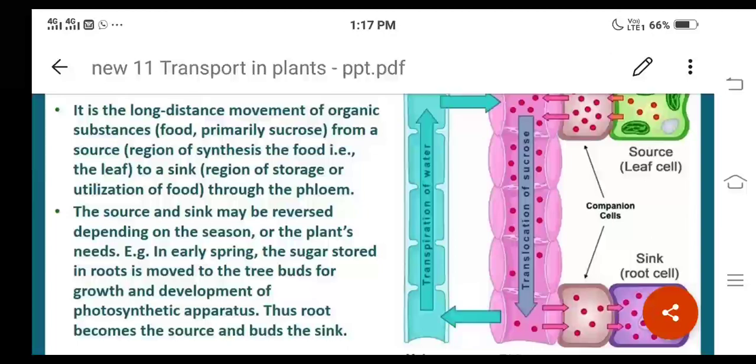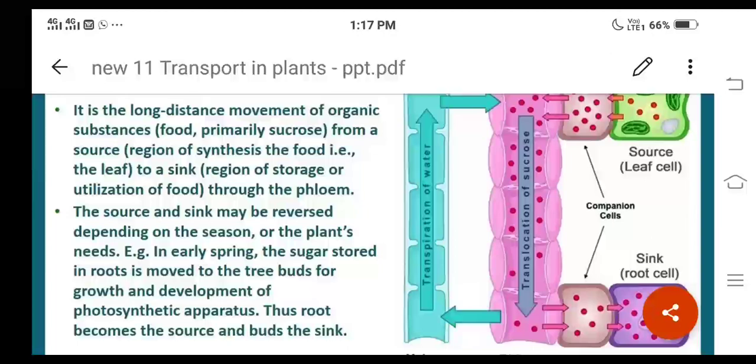In this situation the food will move from where to where here? From the sink to the source again. It means the source and sink relationship is reversed here.